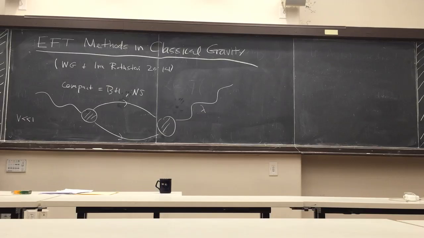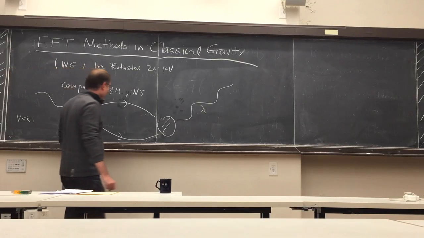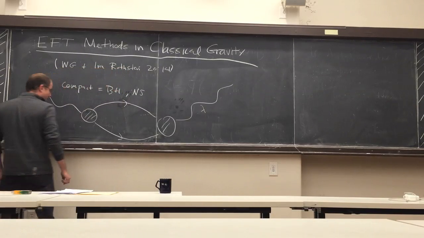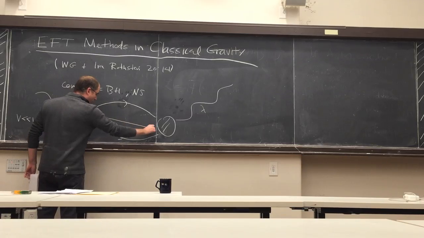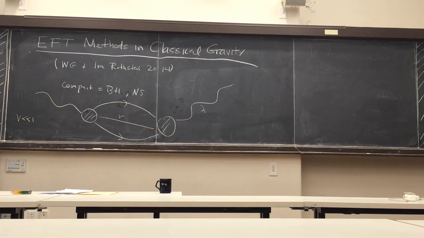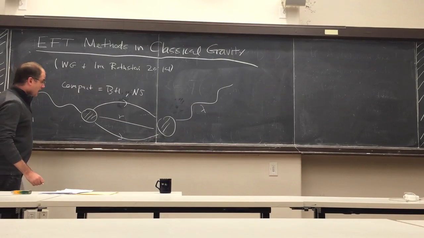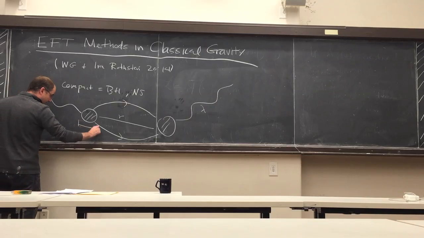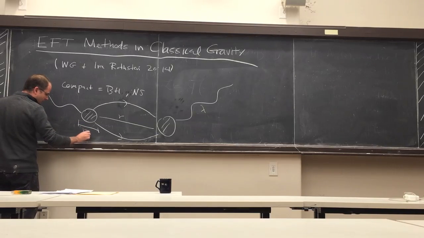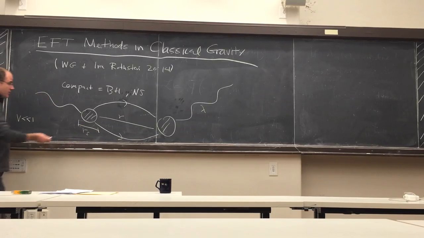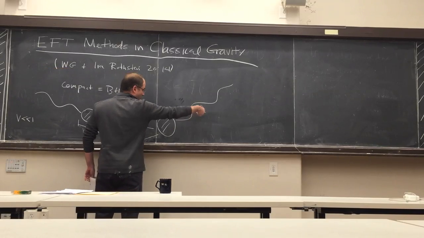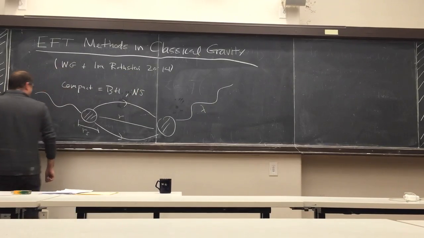So this is a problem that has a whole bunch of different length scales associated with it. We have the orbital separation between the two objects. Let's call that R. We have the size of the objects themselves. Let's call that r_s. We have the wavelength of the radiation that's being emitted.